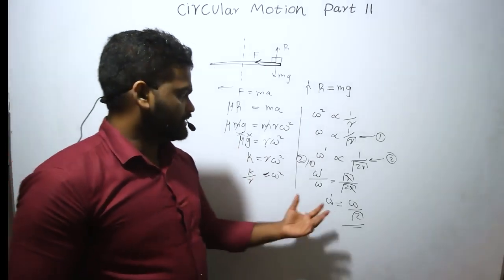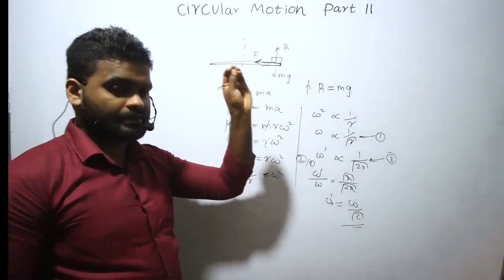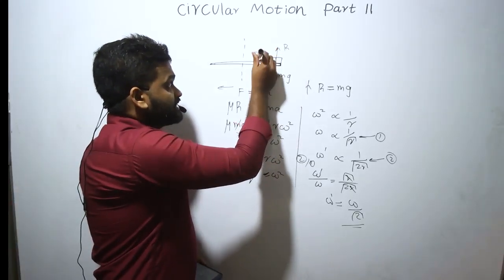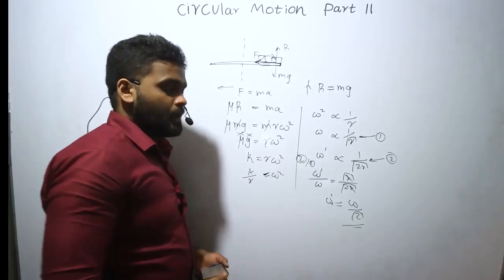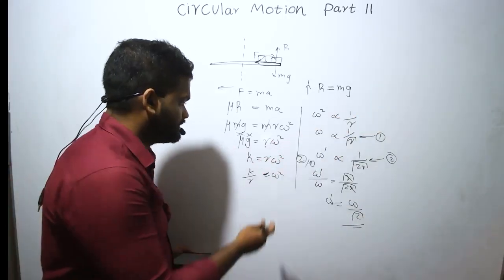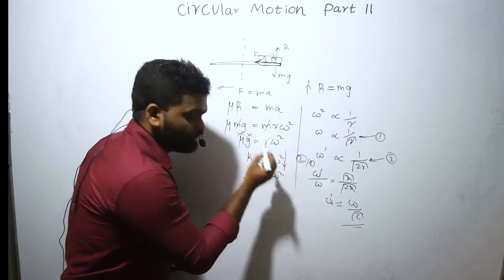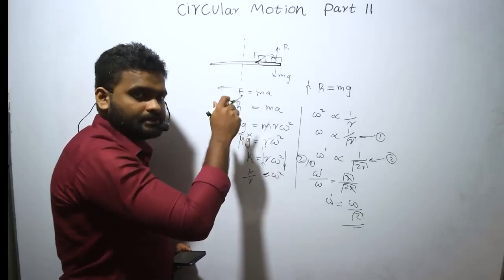So in this question, what you can see is, if you increase the radius, radius meaning the radius of the circular path, you cannot rotate at a higher speed. When you increase the radius, you need to lower the omega in order to keep it in that circular path.